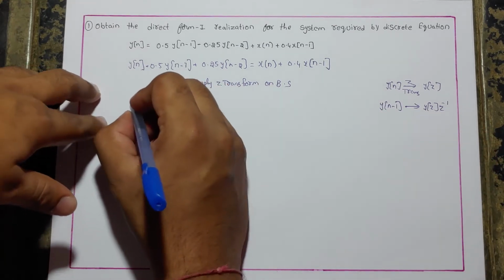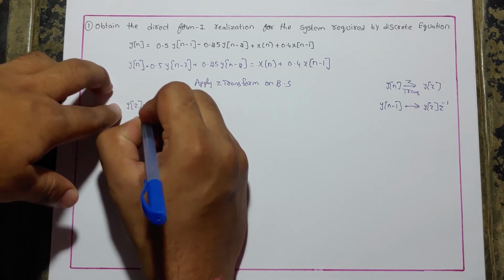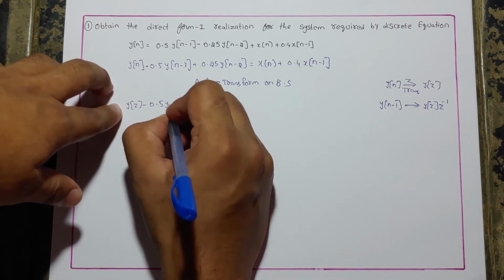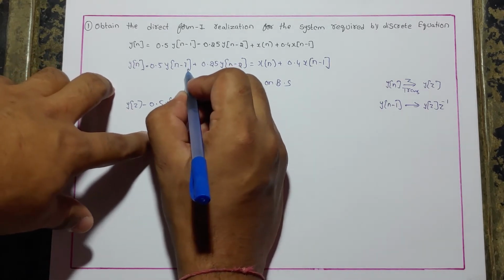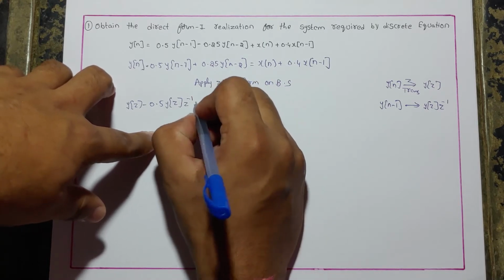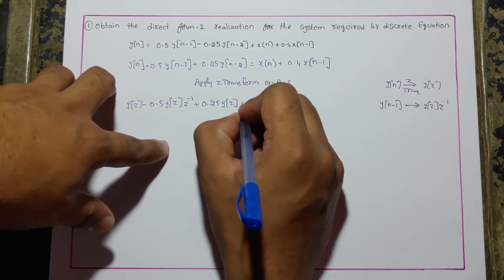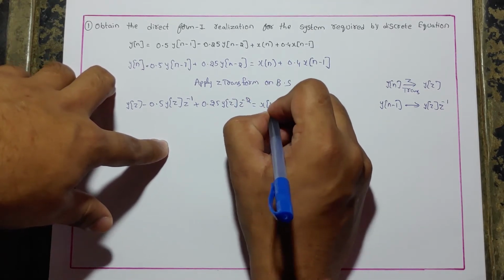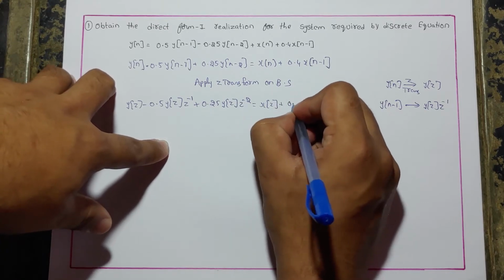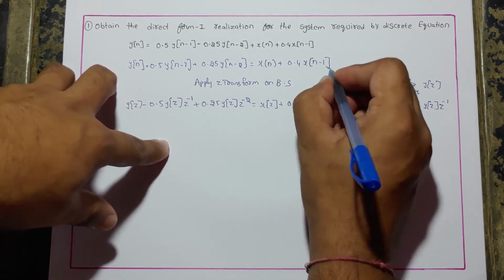Now let us continue. Z transform of y of n is y of z minus 0.5 times y of z into z power minus 1, plus 0.25 times y of z into z power minus 2 is equal to x of z plus 0.4 times x of z into z power minus 1.